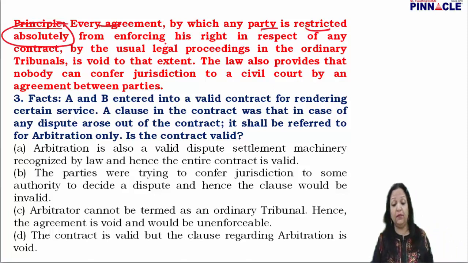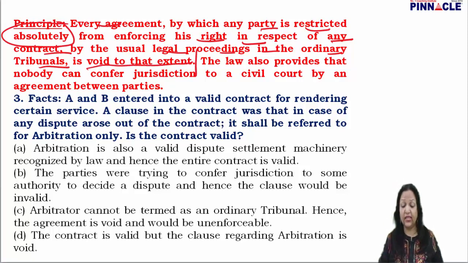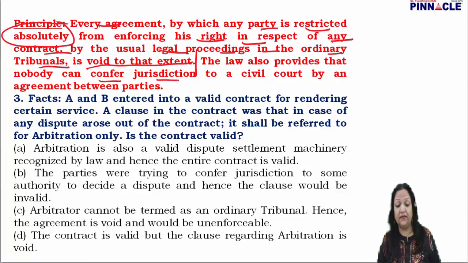So every agreement by which any party is restricted absolutely from enforcing his right in respect of any contract by the usual legal proceedings in the ordinary tribunals is void to that extent. Okay. The law also provides that nobody can confer jurisdiction to a civil court by an agreement between parties.